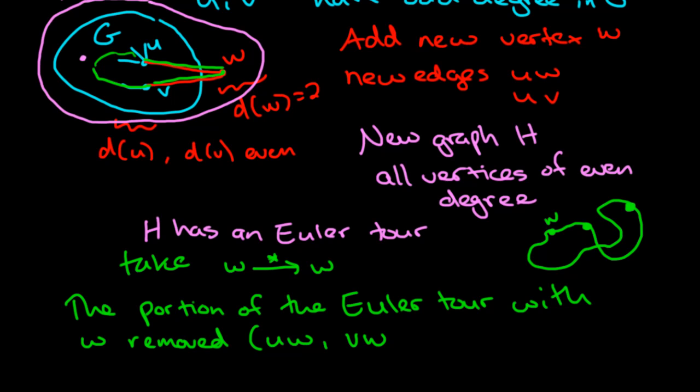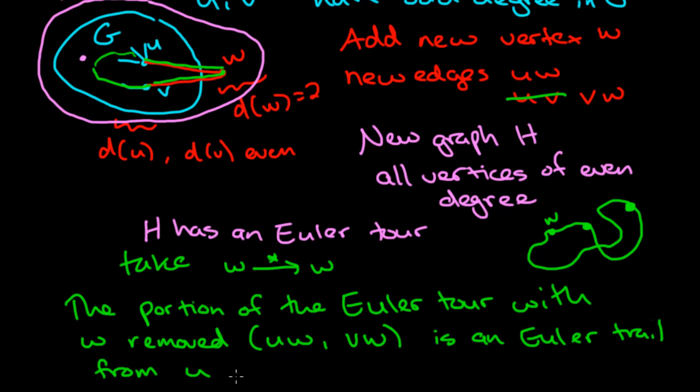That's right, that should have been up here, this correction. This should have been VW is what I meant to say. That's what I drew up here. So those edges and that vertex removed, that portion of the Euler tour is an Euler trail from U to V. So we've just found the Euler trail. And that's what we were trying to do.